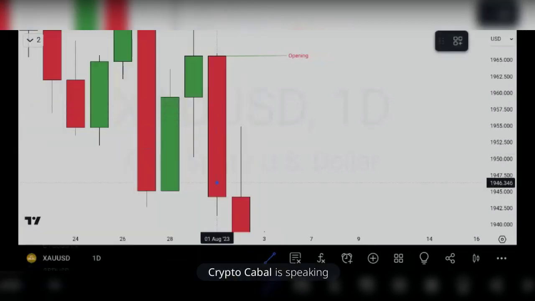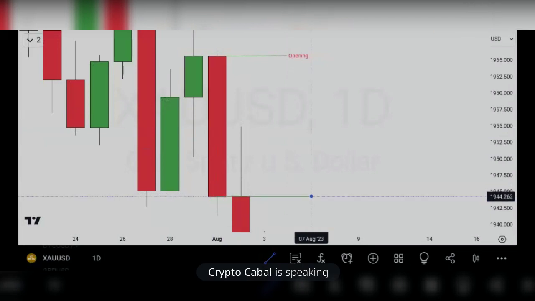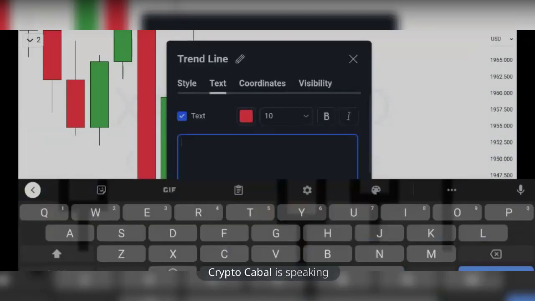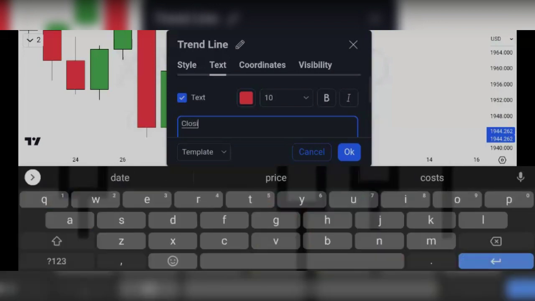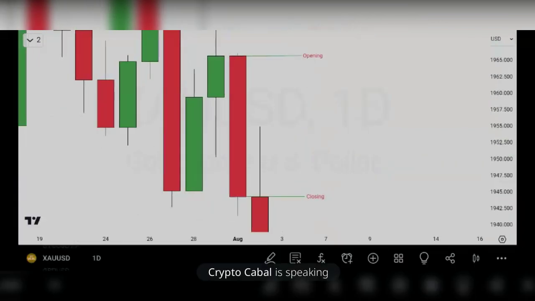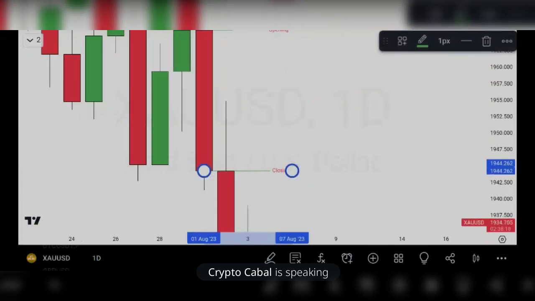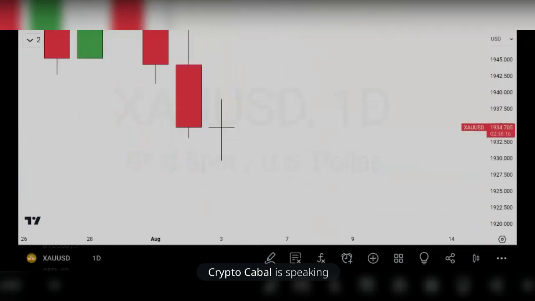The closing. Here, this down part, we call it what? The closing.